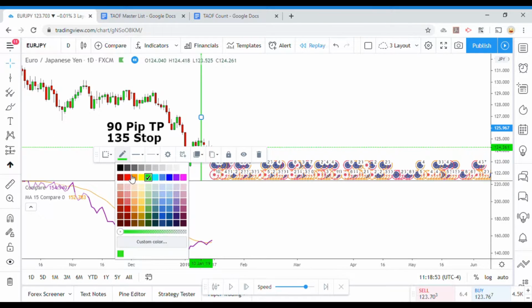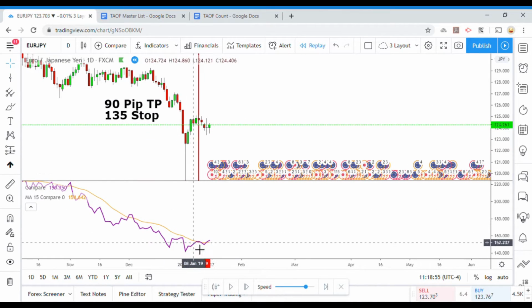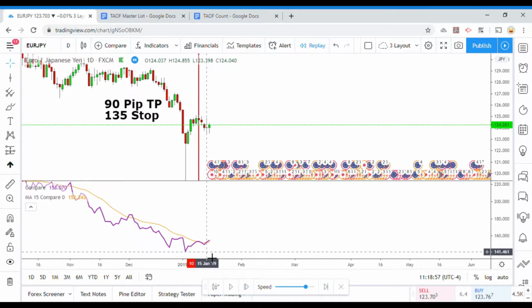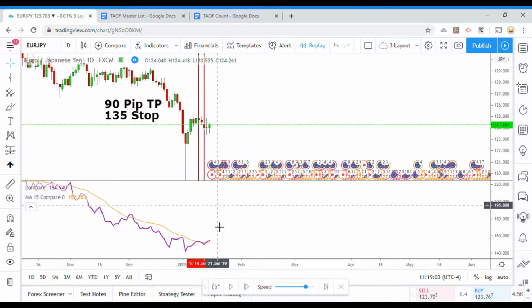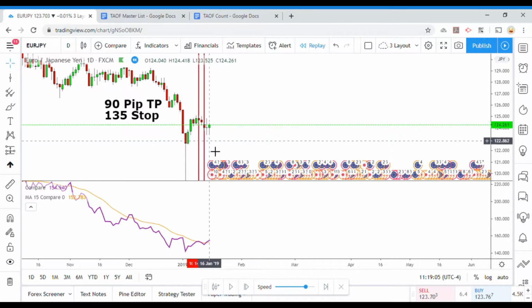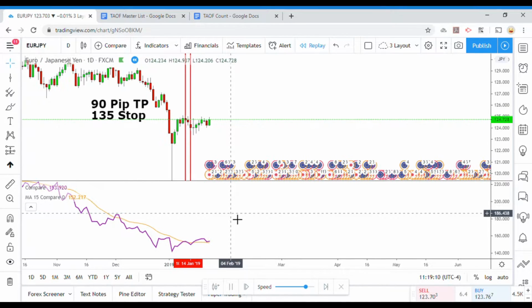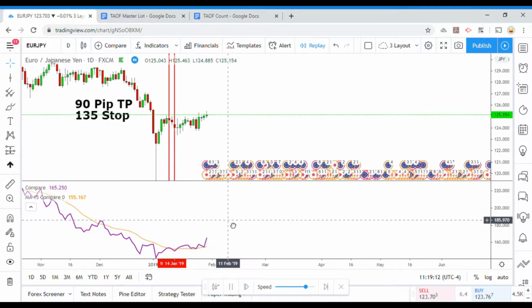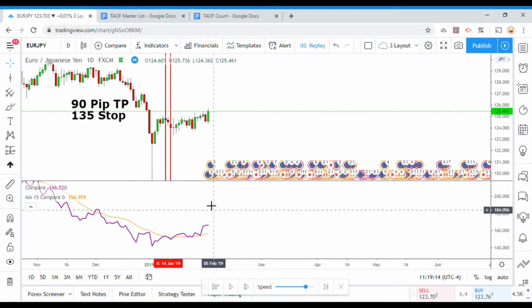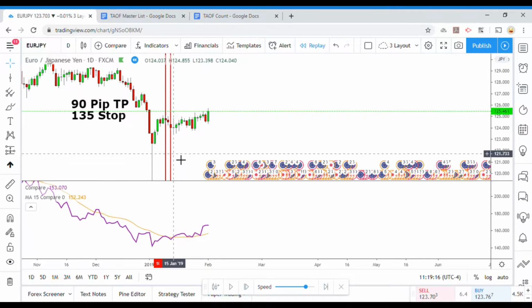Looks like the first signal would end up being a loss, and the second signal would also end up being a loss. Let's see what we can get out of the third signal here.